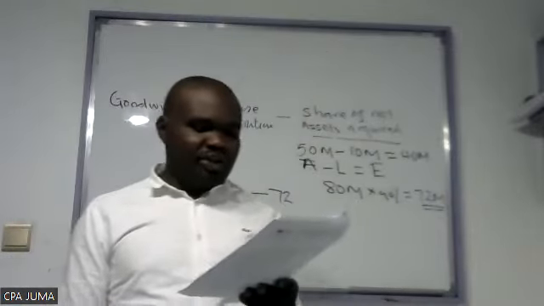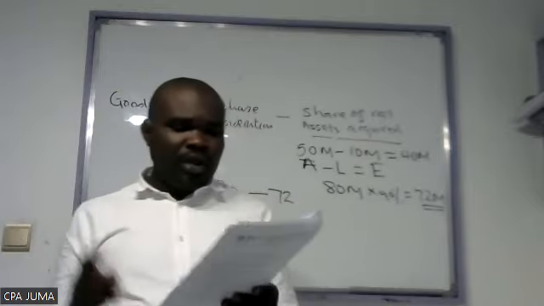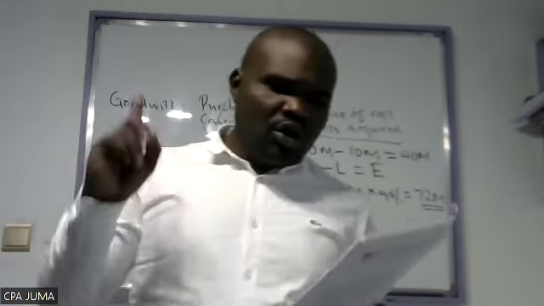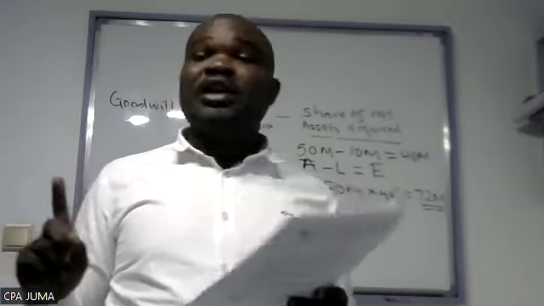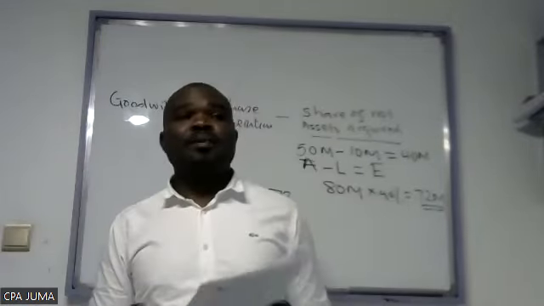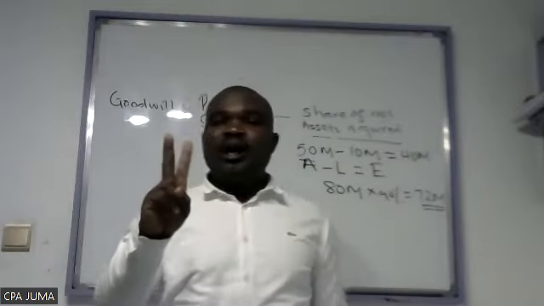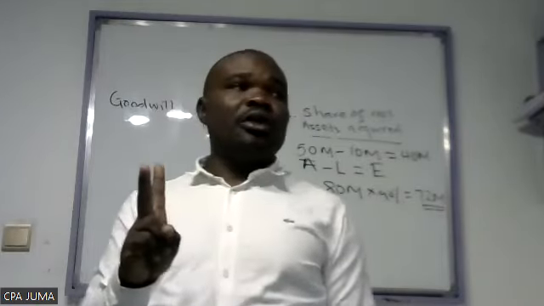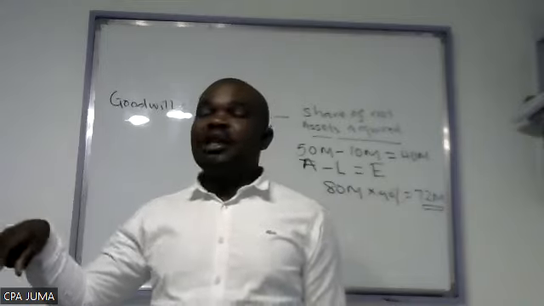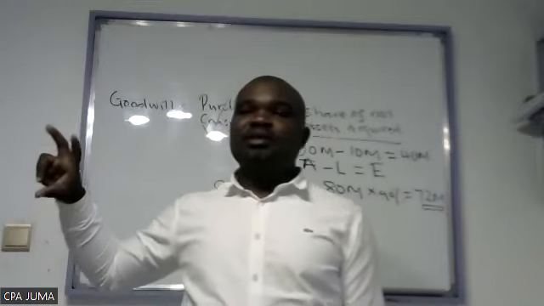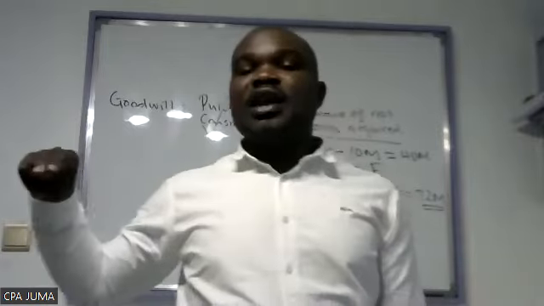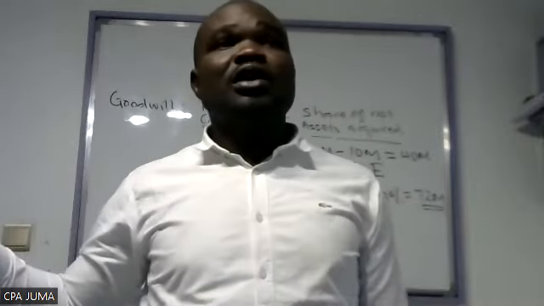So partial method. Under this method, only goodwill attributable to the parent company should be taken into consideration. You know, here we have two people. When parent is acquiring a subsidiary, we have the parent and the minority. Minority are the NCI, non-controlling interest.